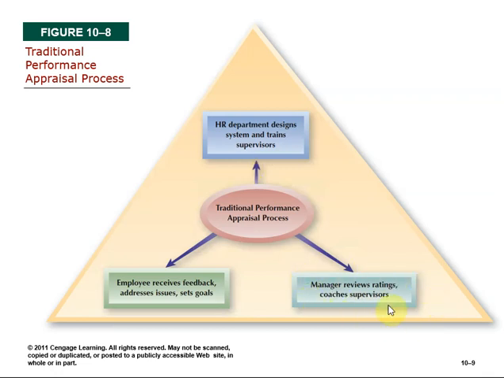Next, managers review their ratings and they provide coaching. So managers are actually the people that are going in and conducting the evaluations. And then lastly, that information is shared with the employee. They're given feedback, they're given goals, they are given encouragement, they are given corrective or disciplinary actions if required.